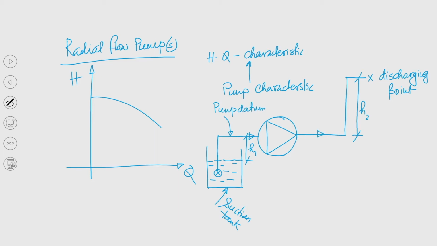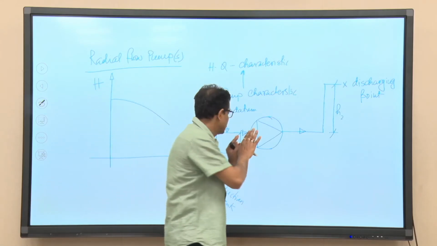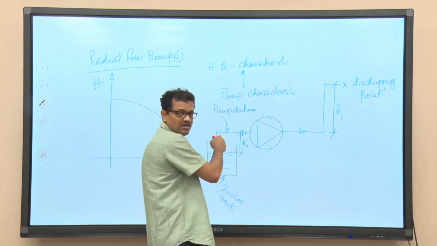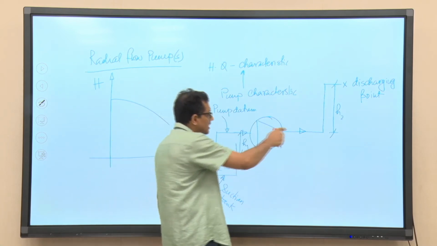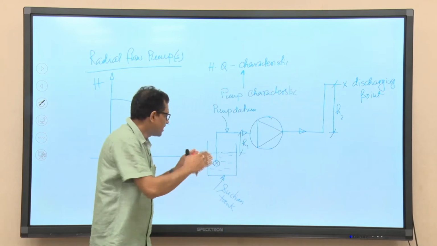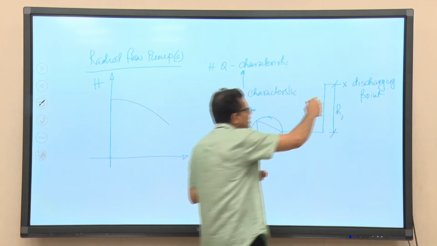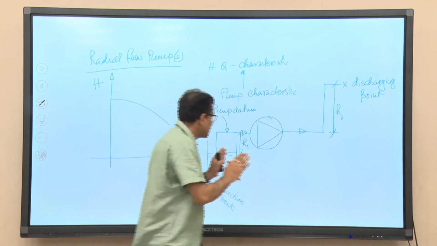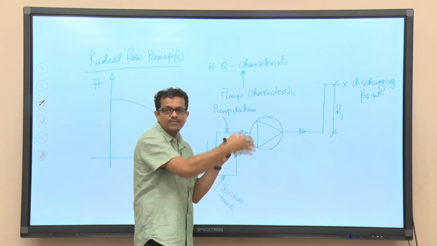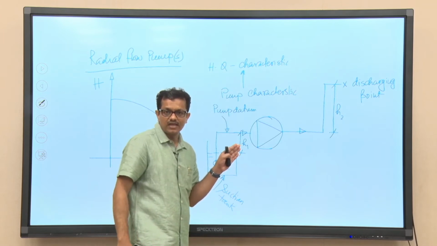In this case, you can see from the schematic depiction that there is a valve which is required, a 90-degree bend, and again another bend over here, and another bend over here. So, taking water from the suction tank to supply it to the discharging point, we need to have a pipeline. The length of the pipeline will depend upon the piping layout that our system designer will decide.